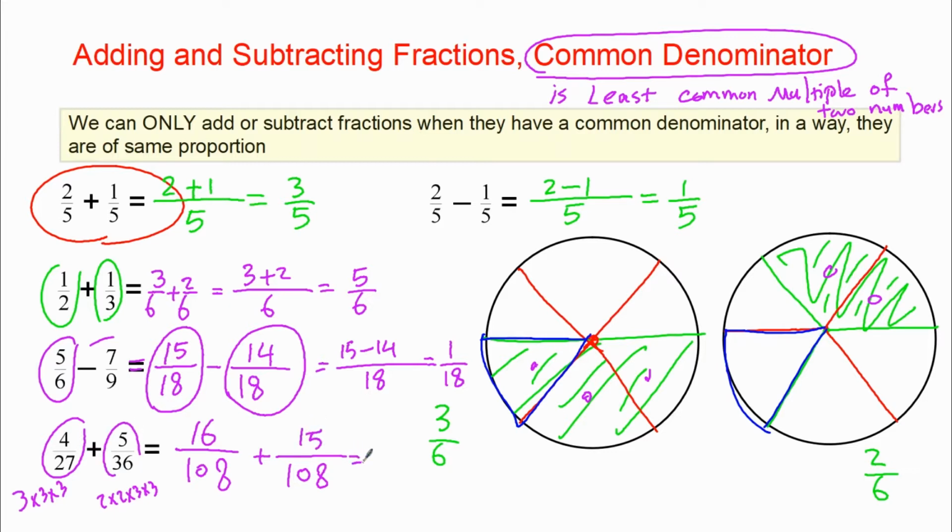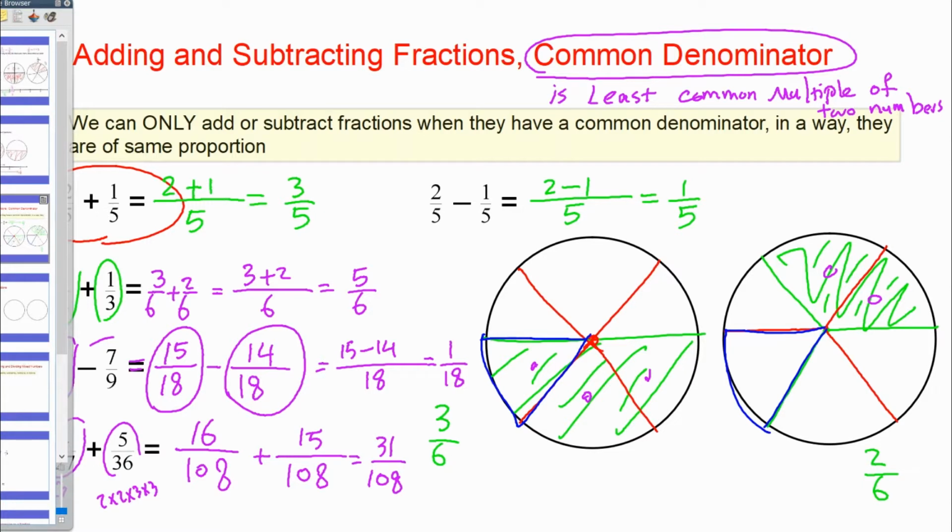So if we add them together, it would be 31 over 108. And we cannot simplify that anymore, so that would be the final answer. Now, we go to the next page.